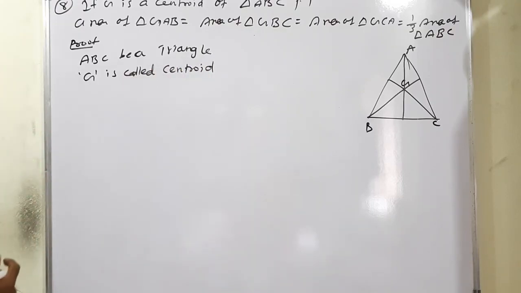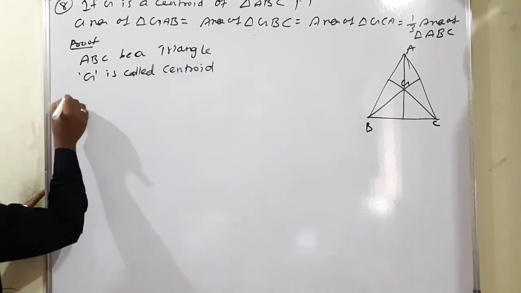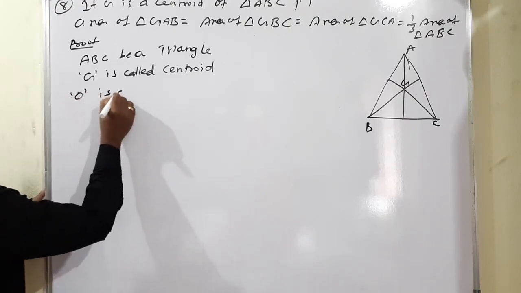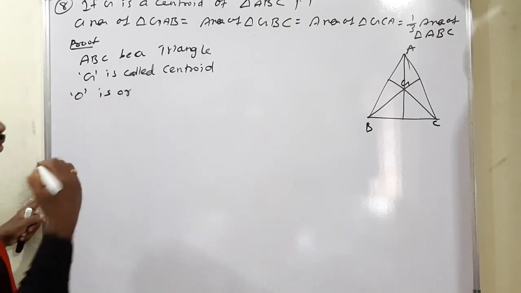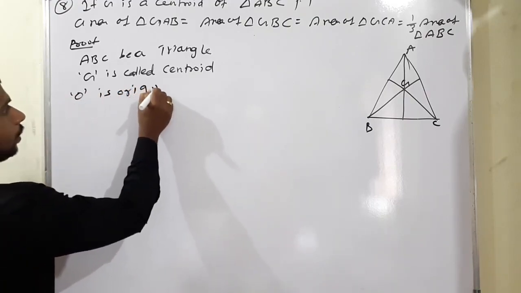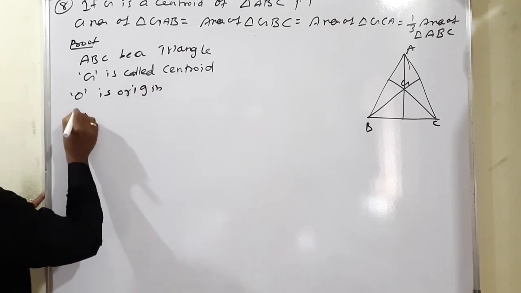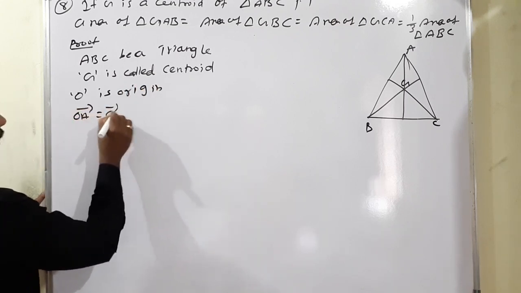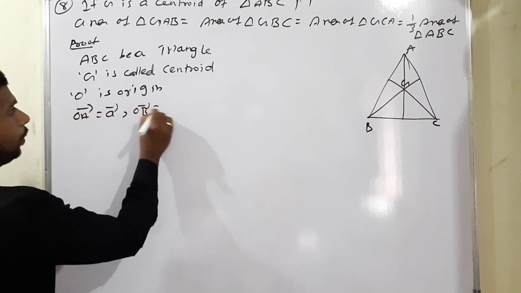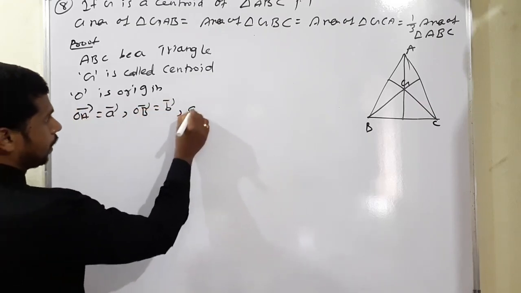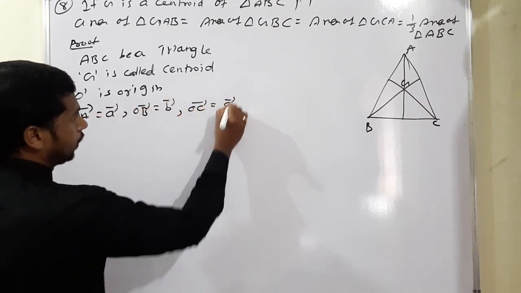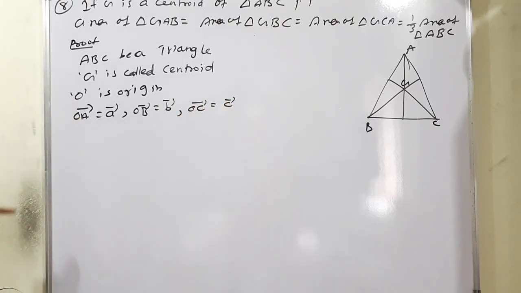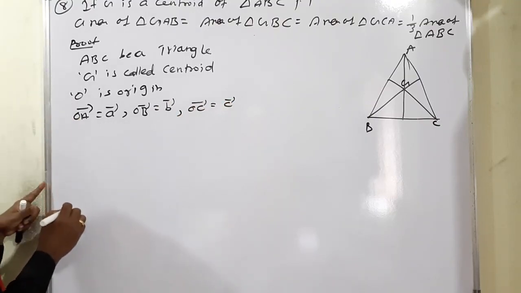Third, let O be the origin, which means how to consider the position vectors. OA vector is considered as A vector, OB vector as B vector, and OC vector as C vector, and OG as G vector. Then how to write OG?